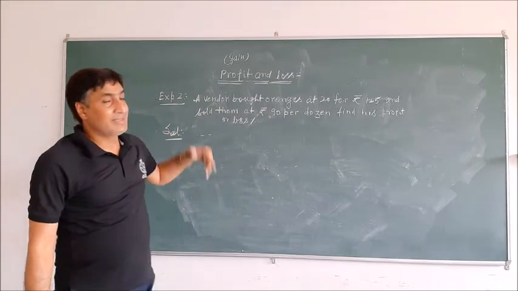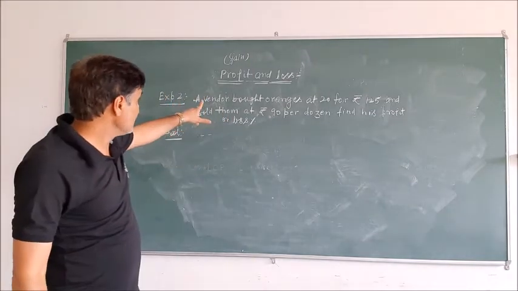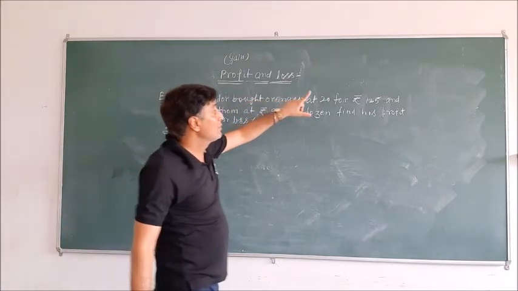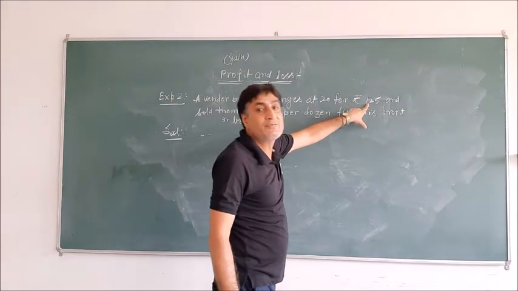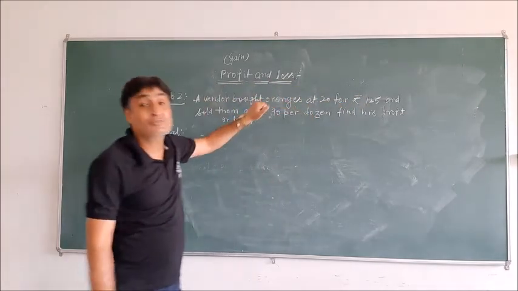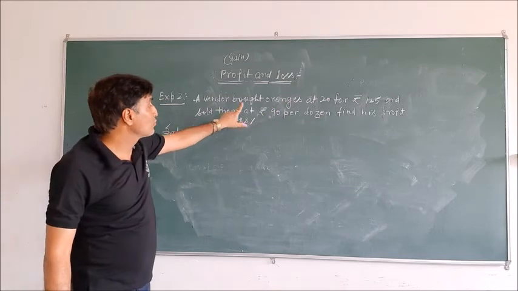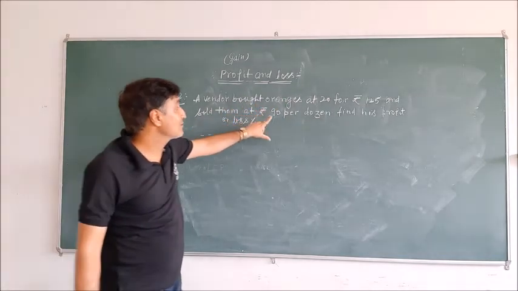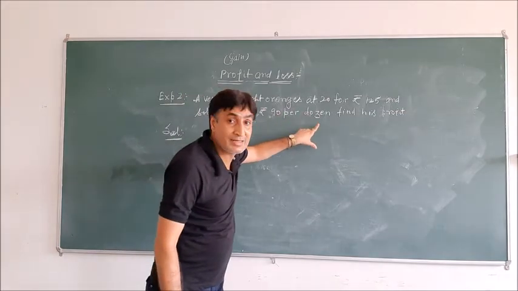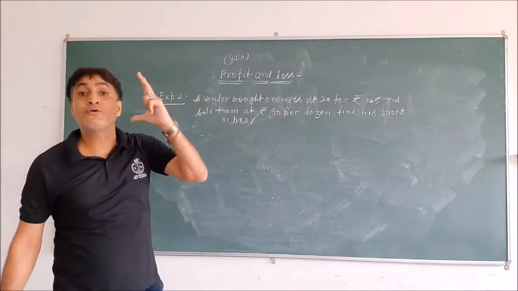Here students see that a vendor bought 20 oranges for rupees 125. This is the cost price, and the selling price of oranges is rupees 90 per dozen. Dozen means an amount of 12.